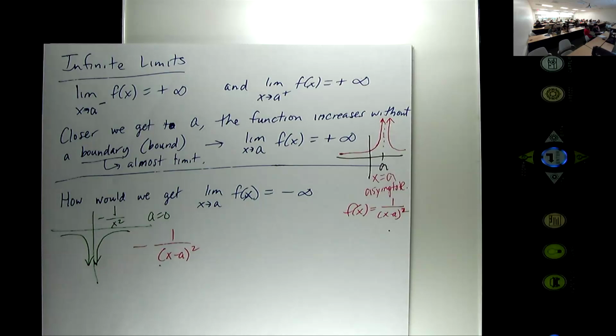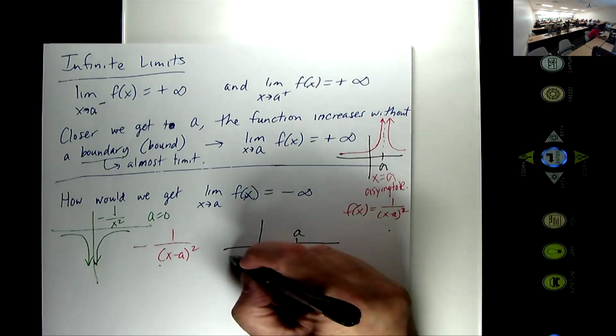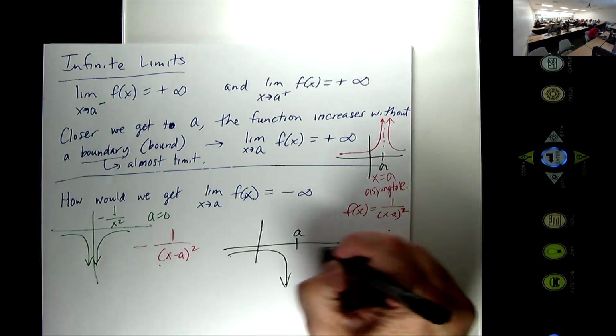And I just chose 0 because I drew an axis on there rather than an asymptote, and I thought I already picked a value there for a, so maybe I need to write it down. But we could have it shift somewhere else, like a's over here and do something like this. I see what you mean.